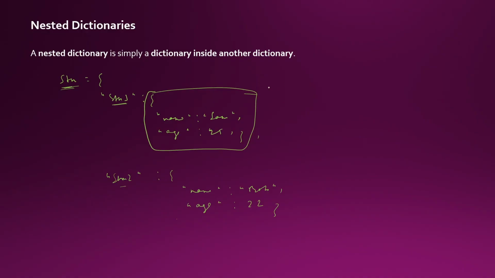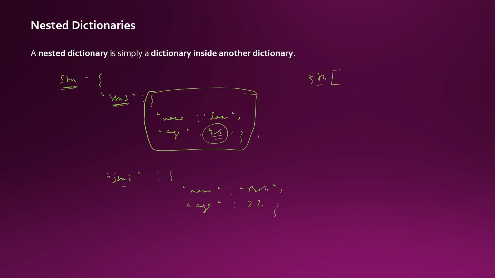Now in this type of nested dictionary, how can we fetch our data? First of all, we have to mention our main dictionary name. For example, we want to get this value, 25, that means student 1's age. First we mention our main dictionary name, then within it we mention our key.